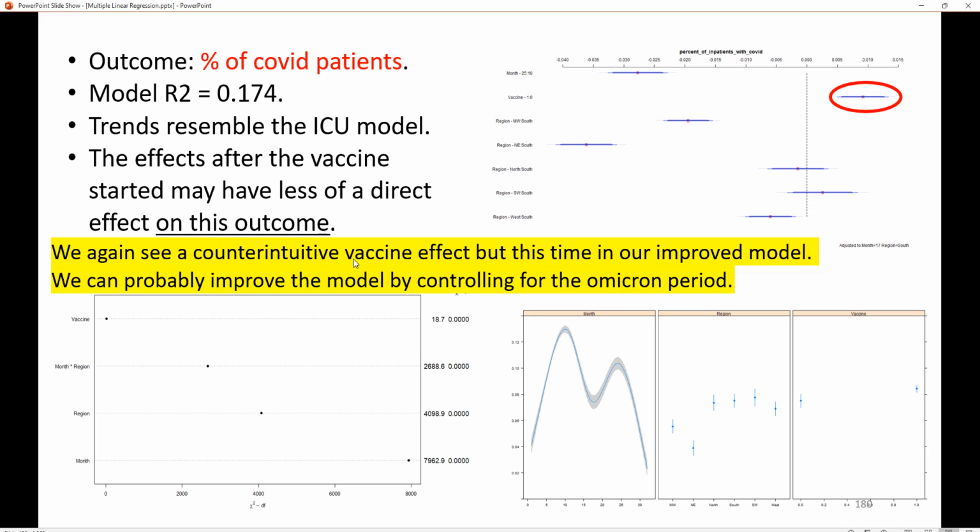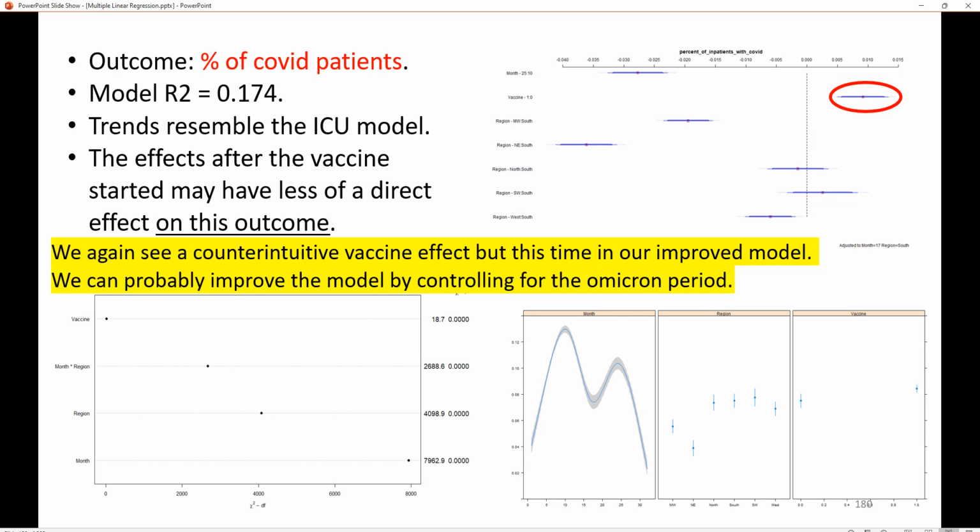We again see a counterintuitive vaccine effect, but this time it's in our improved model. So we have the interaction terms that helped triple our R squared in the last model, as well as the nonlinear term. We can probably improve the model by controlling for the Omicron period. That could help our model to take into account the really big surge that we had after the variants came out.